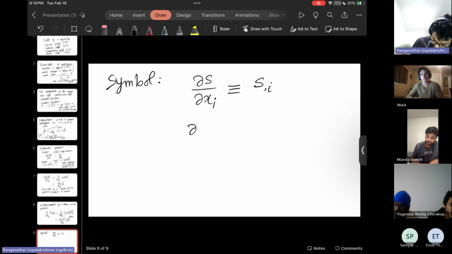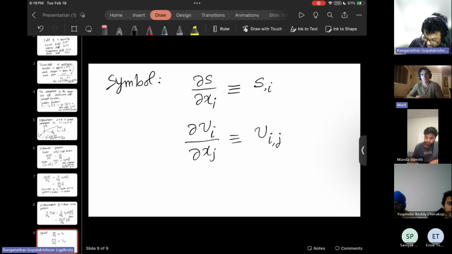We have partial vi over partial xj, that is vi comma j. This comma i denotes differentiation with respect to xi.